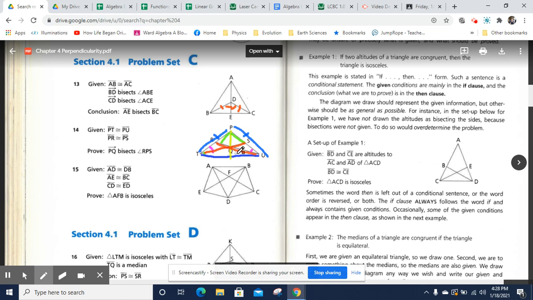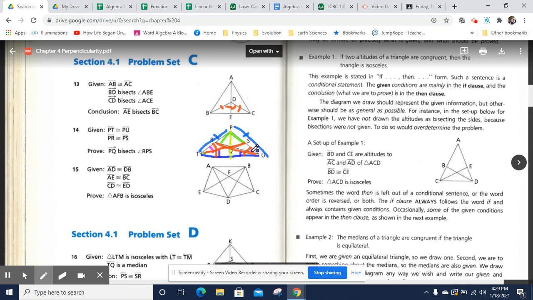And the key thing I think for that is proving that PQU as a triangle would be isosceles. Well, let's see what we've got. Well, we know that this side and this side are congruent, and then we can actually say that these angles are congruent, which means that these angles are congruent, which means that TQ and UQ are congruent.